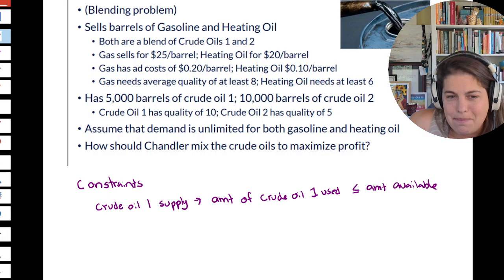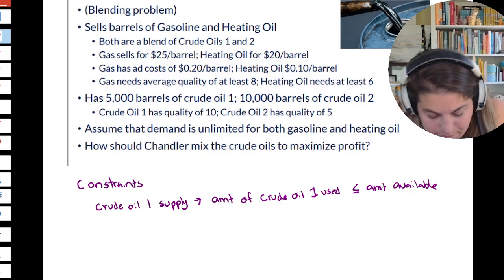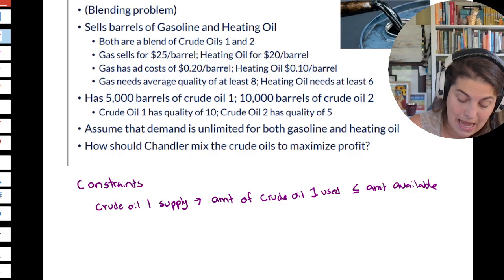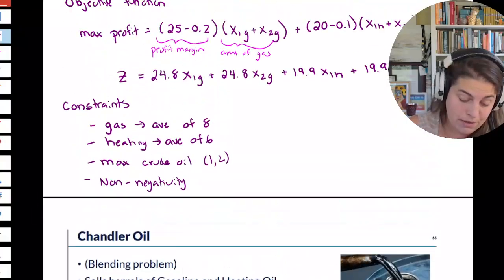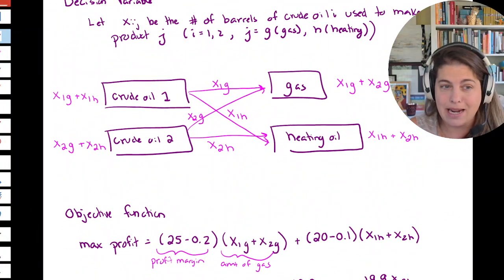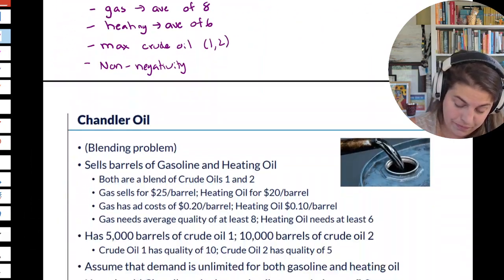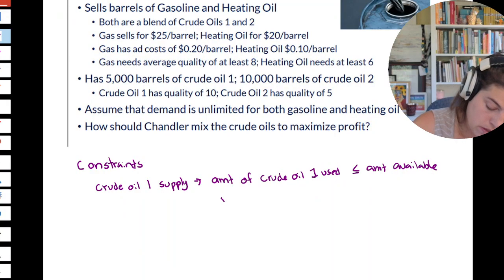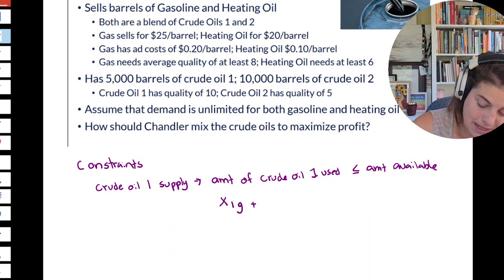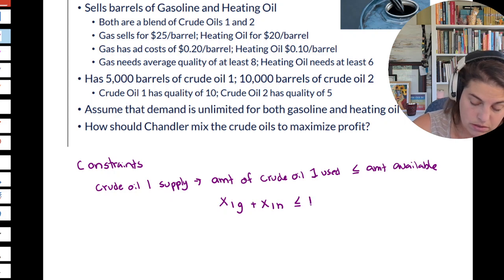Okay? This is the same as a resource allocation question, okay? What's our amount of crude oil 1 used? Well, it depends on how much went into gas and how much went into heating oil. So x1g plus x1h less than or equal to 5,000.